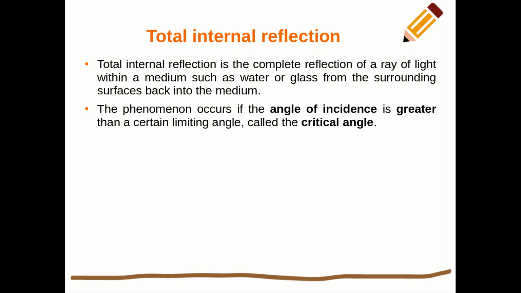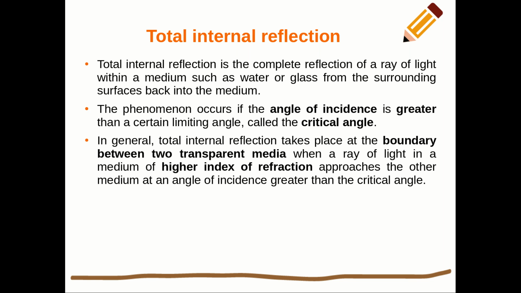So when the particular light wave is incident on that interface, the angle at which it is incident, called the angle of incidence, should be greater than a certain threshold value, and that is what we call the critical angle. If we are able to make the light beam incident in such a way that the angle of incidence is greater than the critical angle, then only we are able to reflect the light back, so that the total internal reflection is happening.